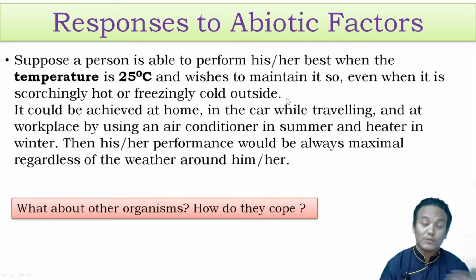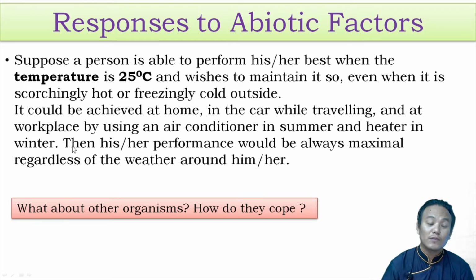How does a person do that? A person can do that by using an air conditioner in summer and a heater in winter, at work, at home, or in a car. If he or she does that, then his or her performance would always be maximal regardless of the weather around him.